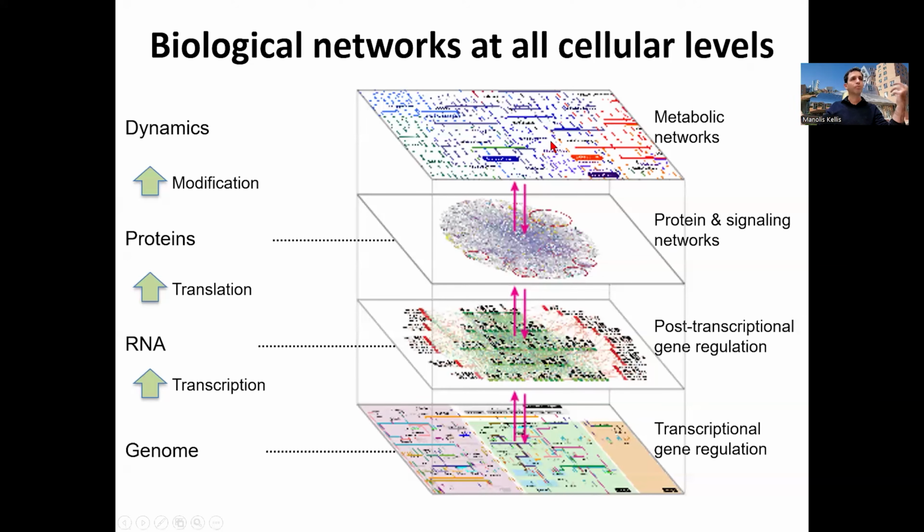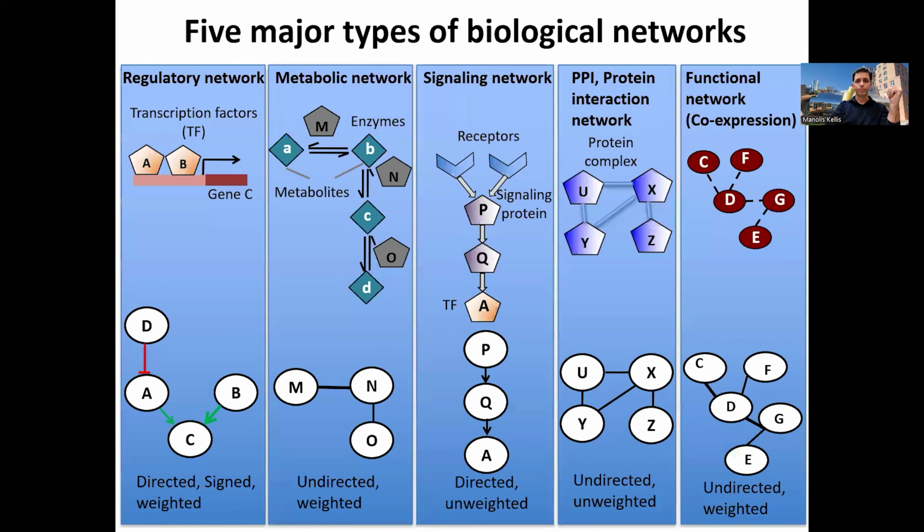You can also have metabolic networks where you're asking how different metabolites are transformed from one to the other, and what are the enzymes, and these are the edges that help transform one metabolite to another metabolite. Everybody with me here? So there are very different types of properties for each of these layers.